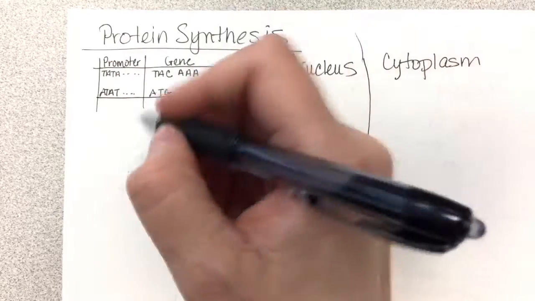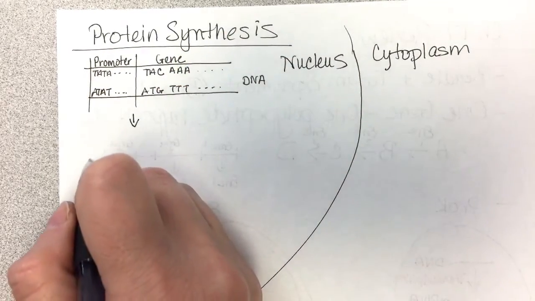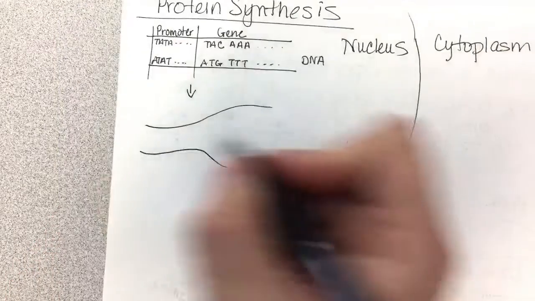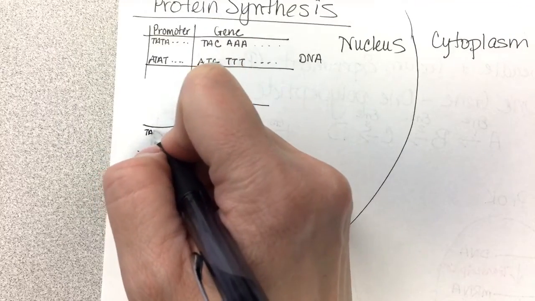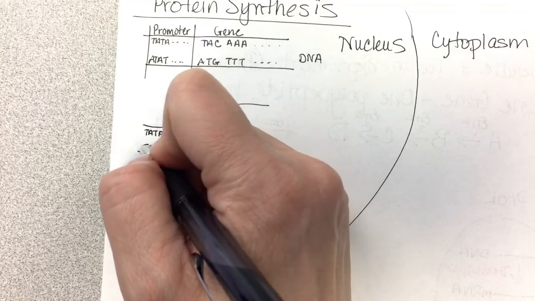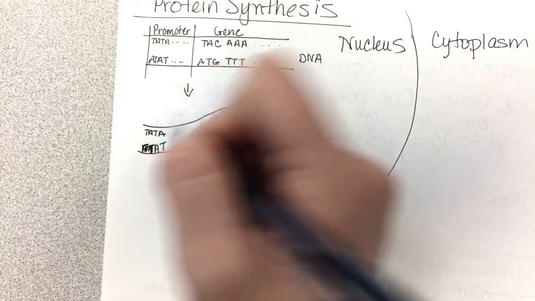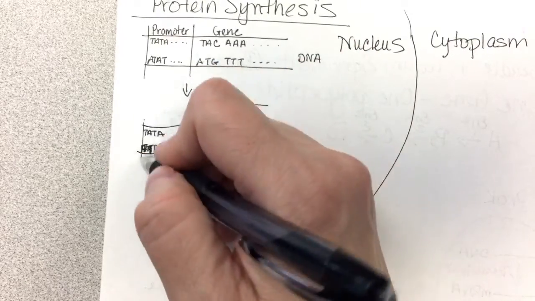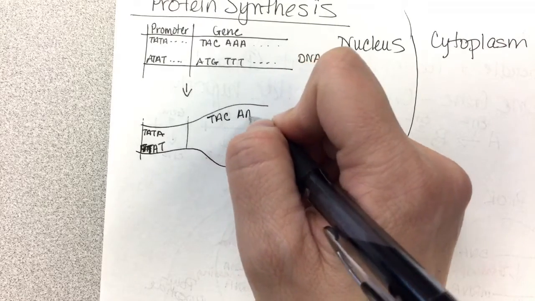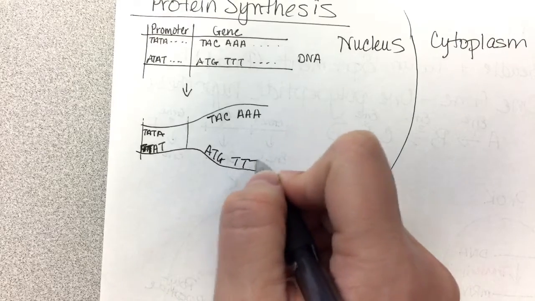So when transcription happens, what occurs? All right, so I'm going to do this here. So here's your promoter region still. TATA. Whoops, I'm writing TATA again. ATAT. All right, so this is still your promoter region, and this is your gene, so your TACAAA, and over here is ATG, TTT.